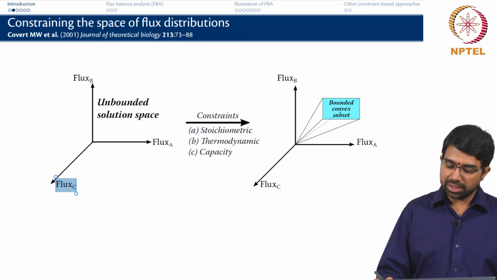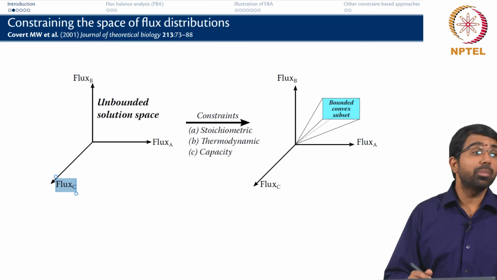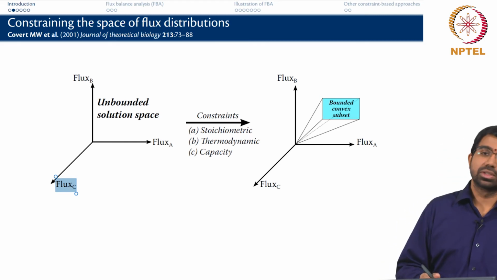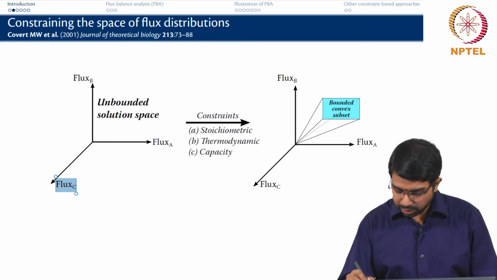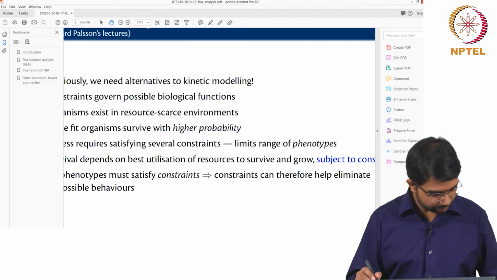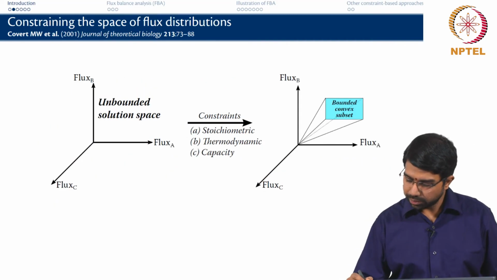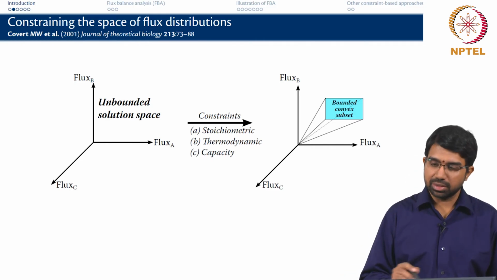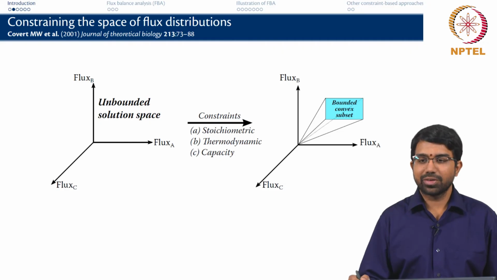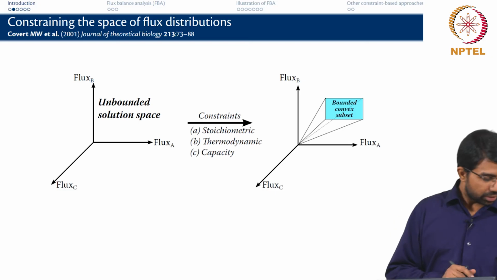Now, you apply constraints to eliminate improbable suspects or impossible, infeasible solutions, and you come up with a much smaller subset. So, you will note that from one infinite subset we have gone to another infinite subset, but clearly this is quite restricted.